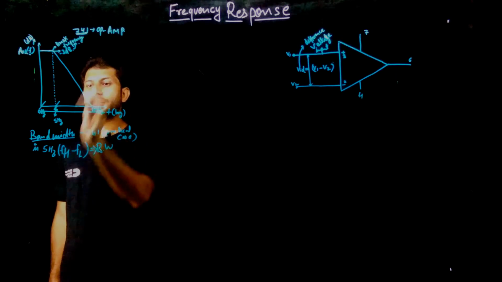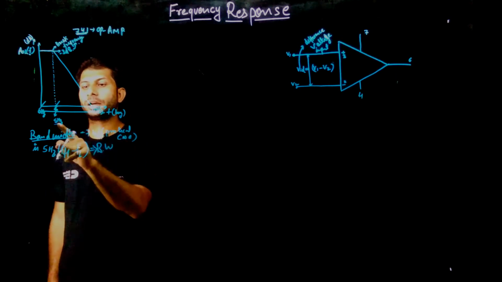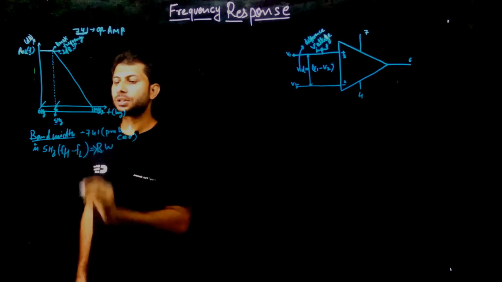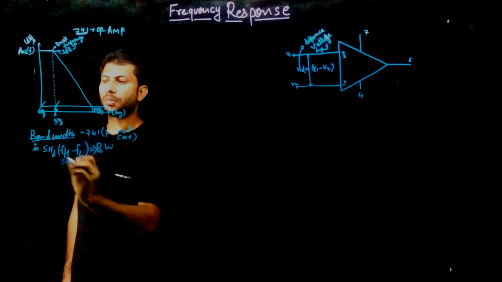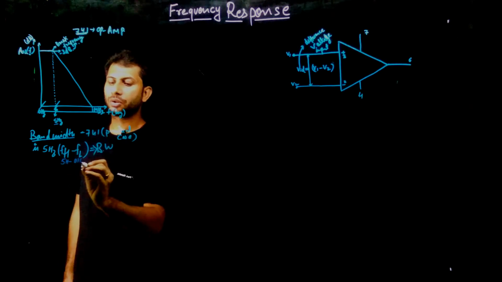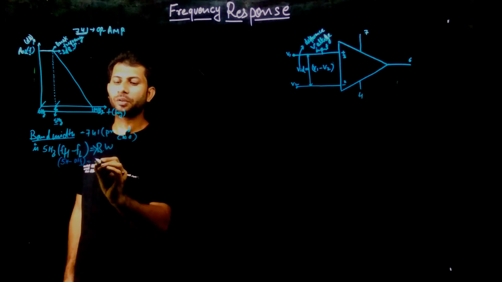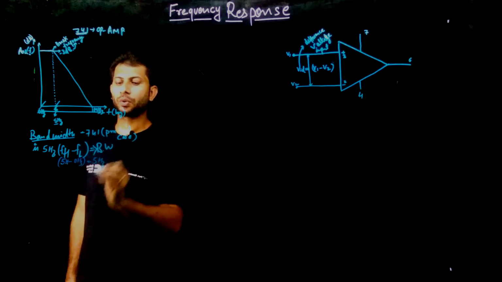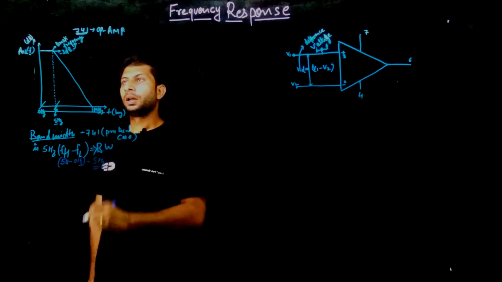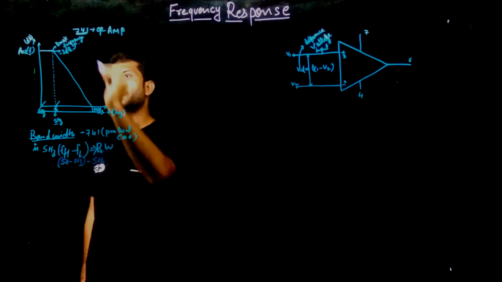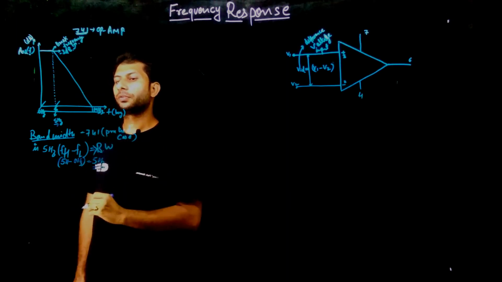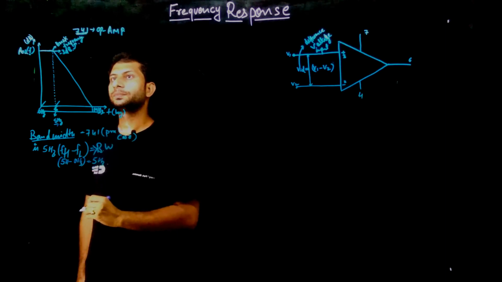For this 741 IC, we have the break frequency at the point where the frequency is 5 Hz, that means 5 Hz minus 0 Hz, so the bandwidth for the 741 is 5 Hz, right? And this is also the break frequency at this point on the 5 Hz signal.